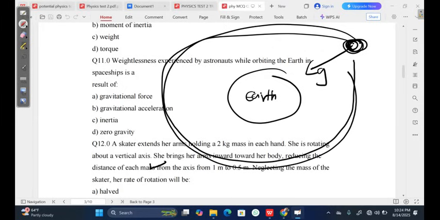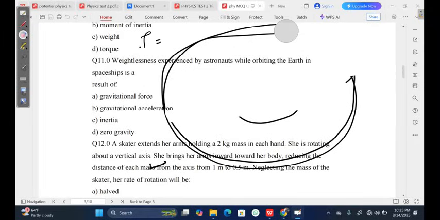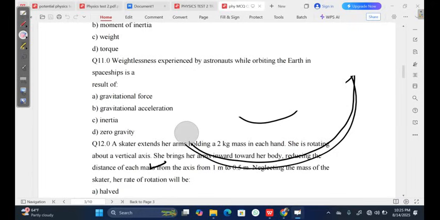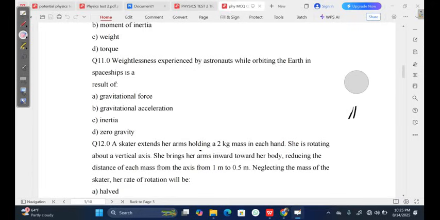At the same time, that force is moving in the same direction as the centripetal force. So in that case, the centripetal force will be equated to the gravitational force, or acceleration due to gravity, in short. So that's the basic idea there. Okay. Yeah, so that's the answer for question 11.